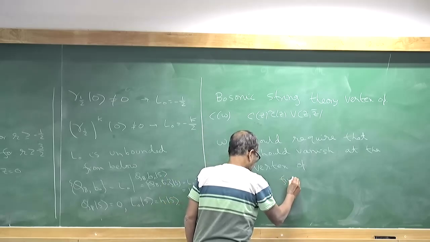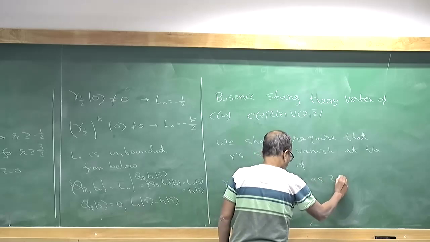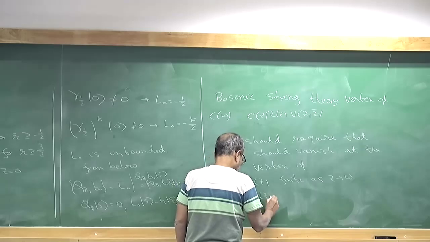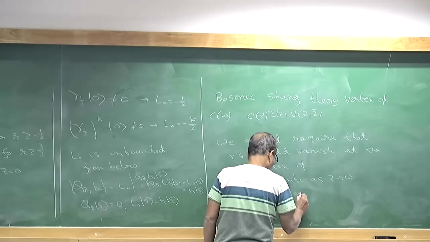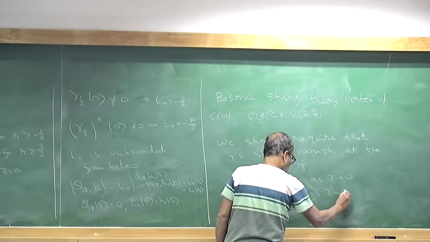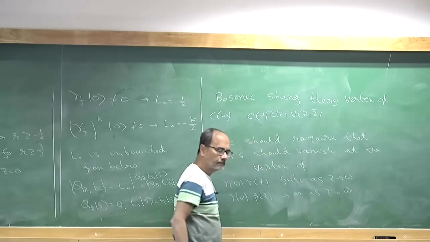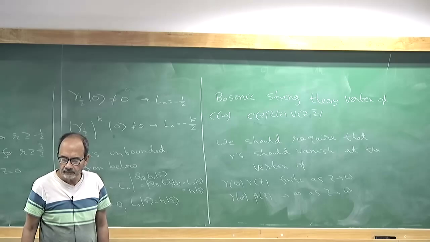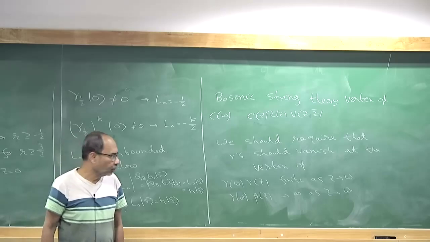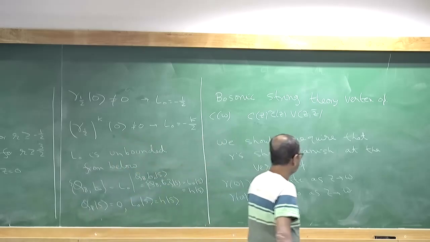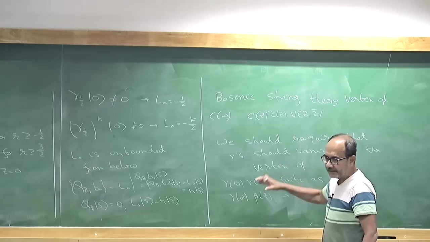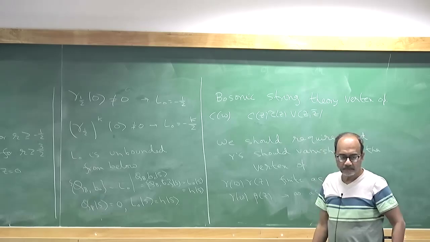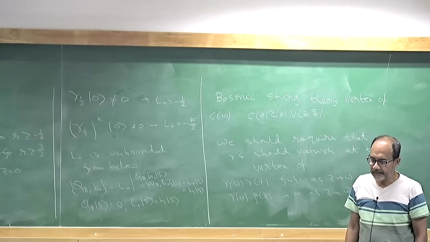It's finite as Z goes to W. And gamma W beta Z, of course, is infinite. So while we know what we want to do, we are not able to achieve this just by attaching some gammas in the vortex operator. Is this clear?